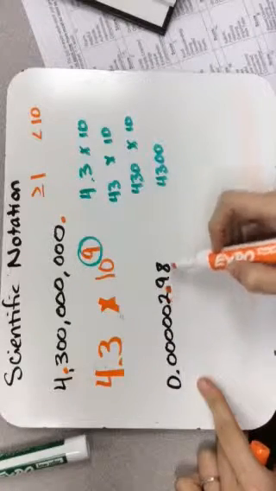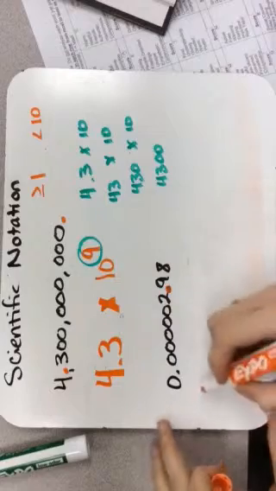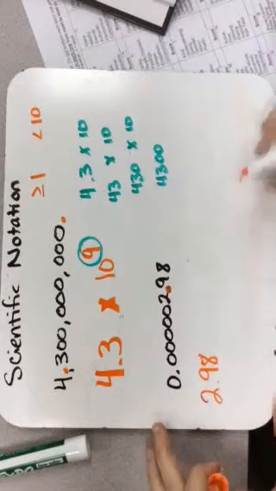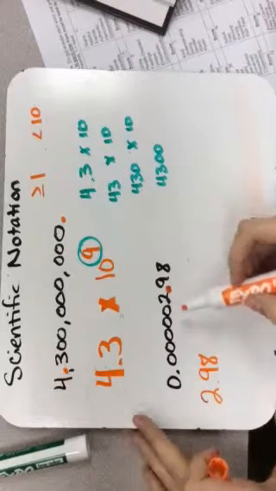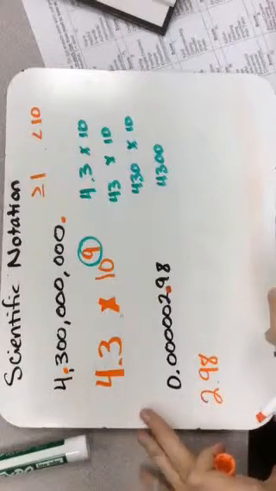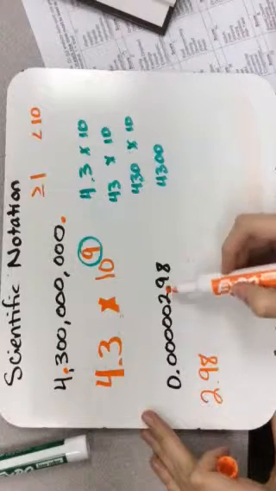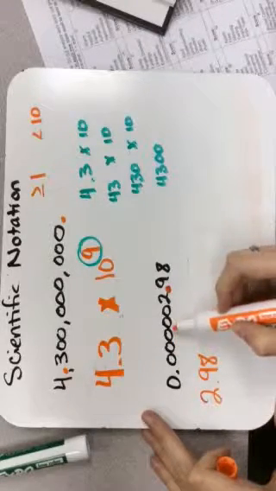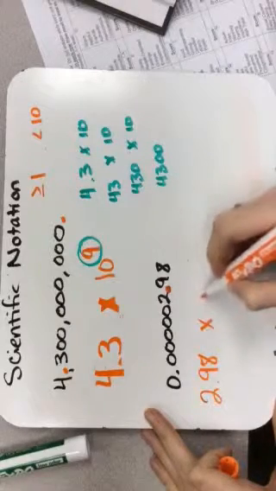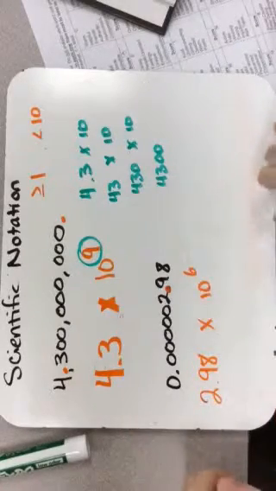So now you have 2.98, which is between 1 and 10. Again, we're going to count how many positions this decimal had to move. 1, 2, 3, 4, 5, 6. So this is going to be times 10 to the 6th.